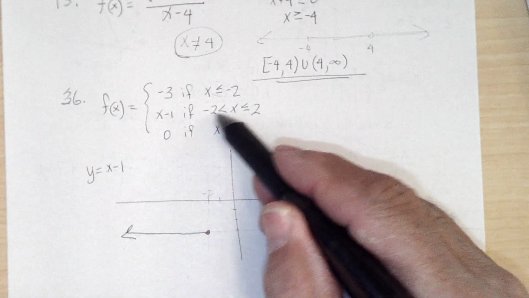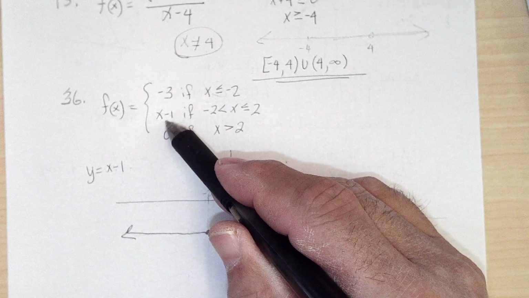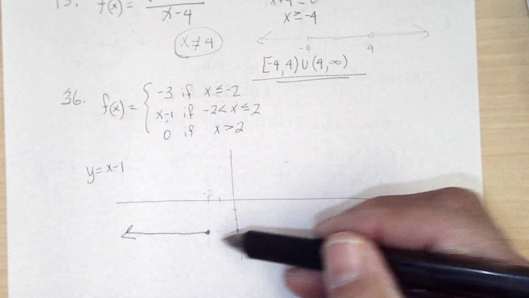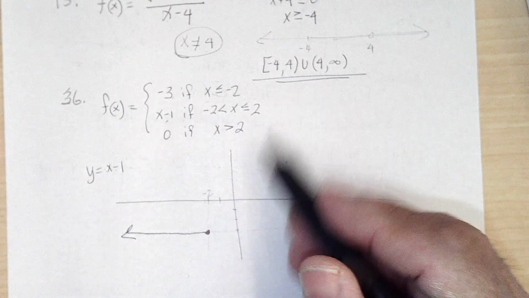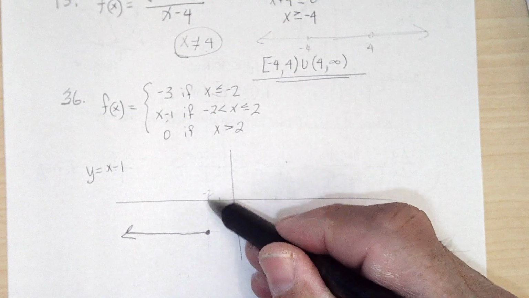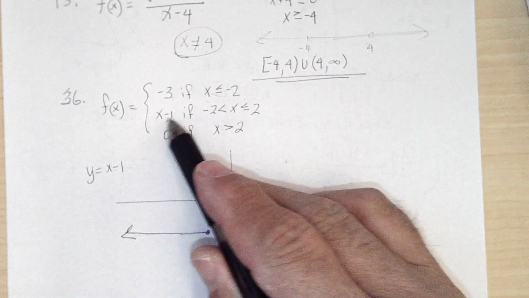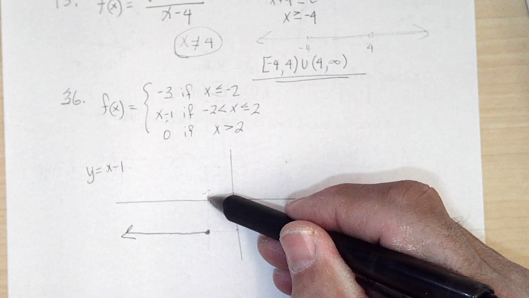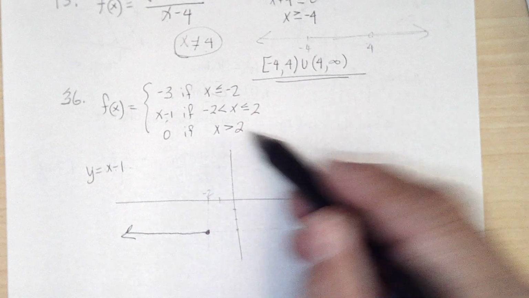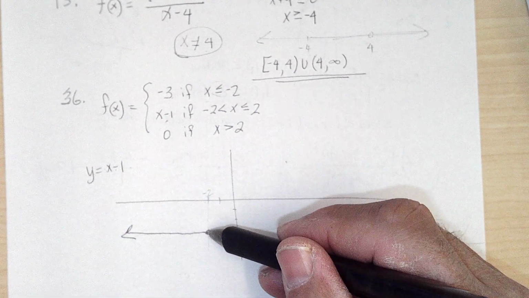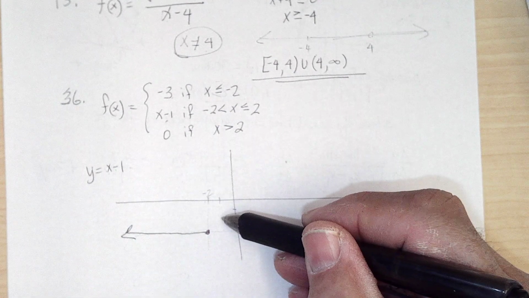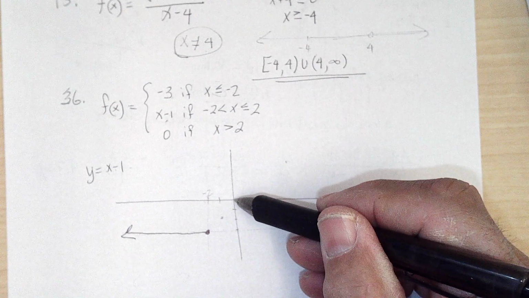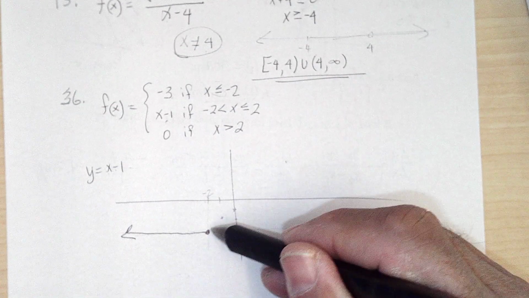Now, we don't use this to figure out for negative 2. We use this. And this said use negative 3. So we're going to use negative 3 at negative 2, even though this one doesn't say do negative 2 at negative 3. But if you put in negative 2, you get negative 3. If you put in negative 1, you get negative 2. If you put in 0, you get negative 1, and so on.